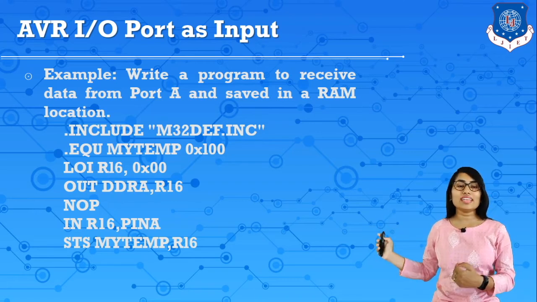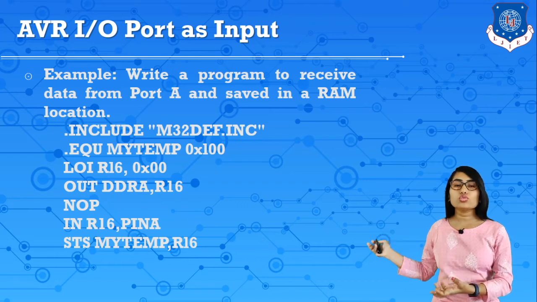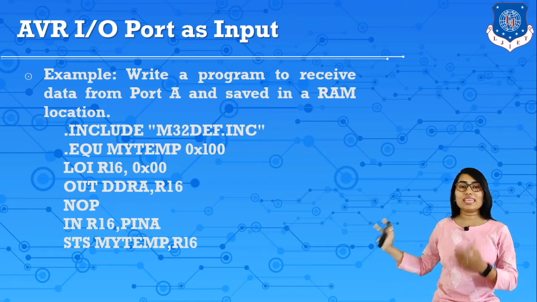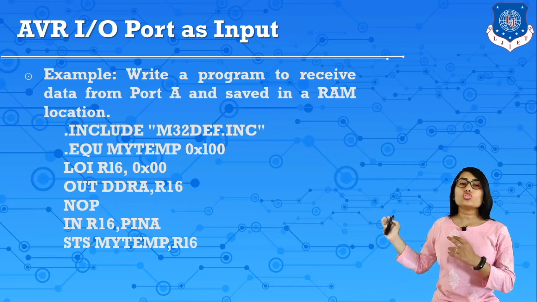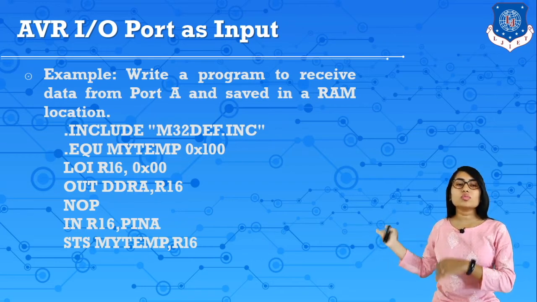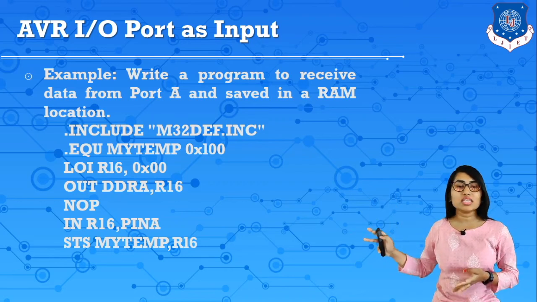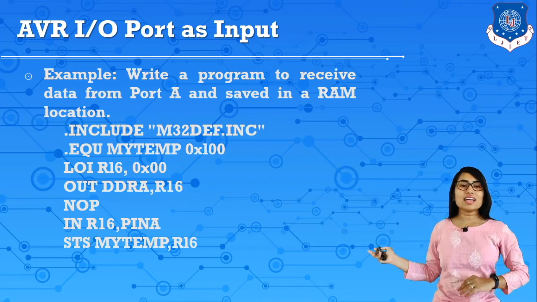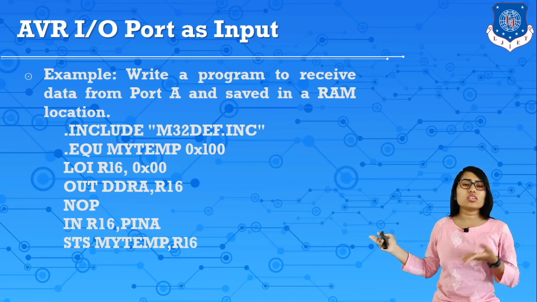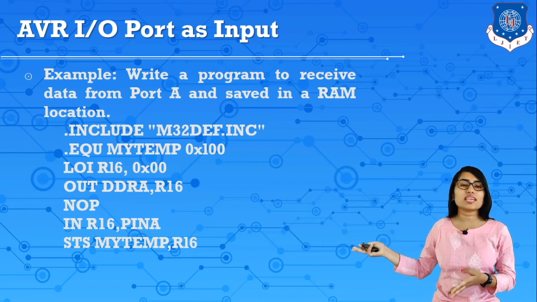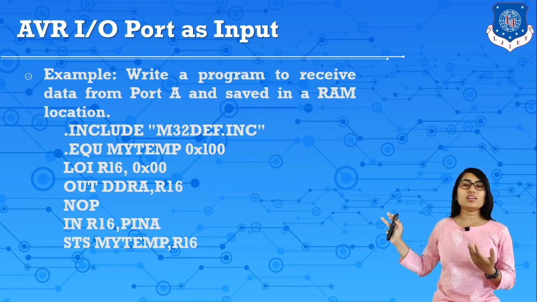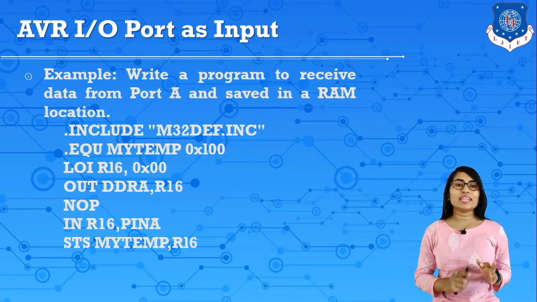Now to read data we have to use the in instruction. So in R16, PINA. Whatever data is received at PINA is copied into R16, and then R16 is stored at the mytemp location. Or rather than using .equ mytemp, we can directly use STS 0x100, R16. So our data can be copied to any RAM location.